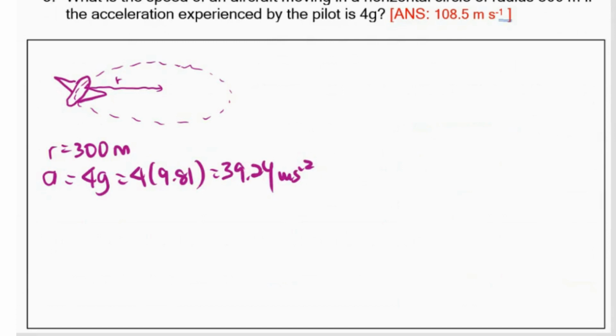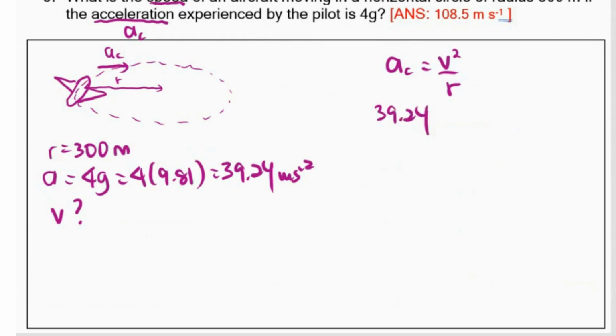Right, so we are looking for speed V. You can use the formula that the centripetal acceleration is equal to V squared divided by R, because the acceleration experienced by the pilot is actually the centripetal acceleration, which is towards the center. So this number is 39.24.